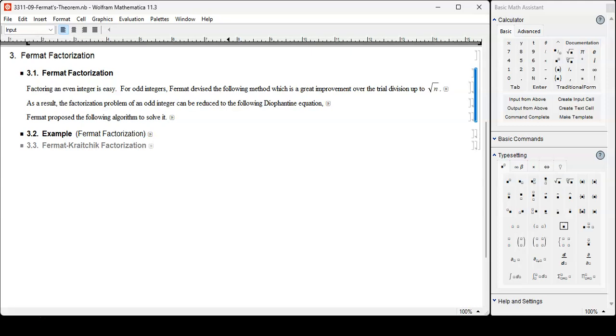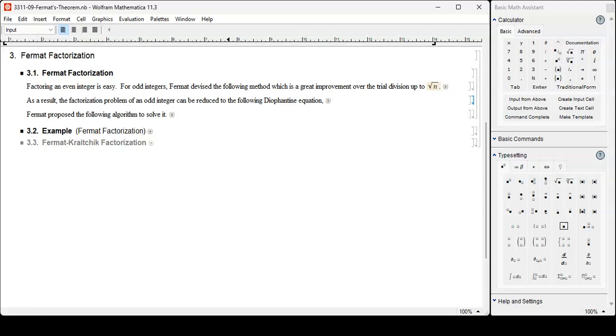One way to do that is trial division of everything up to square root of n, but this is a very, very inefficient method. You have to do a lot of trial divisions. Back in Fermat's time, we're talking about some 1600 something, in the 17th century, division is actually a difficult computation. Square root computation is also difficult.